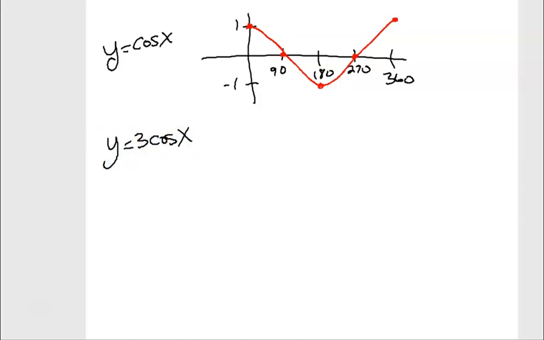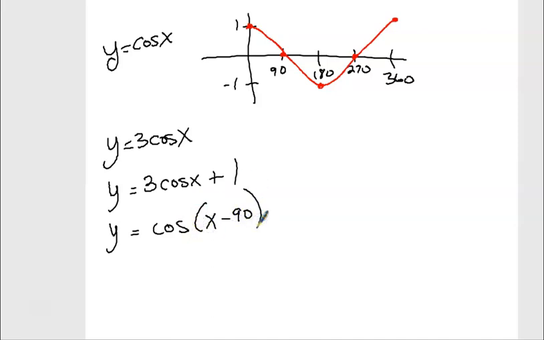It's going up to 3 instead of that. I could raise it, so I could do cosine of x plus 1, just similar to the last time. And then I also could shift it 90 degrees to the right. So you can have an all-inclusive formula, something like 3 cosine of x minus 90, plus 1.